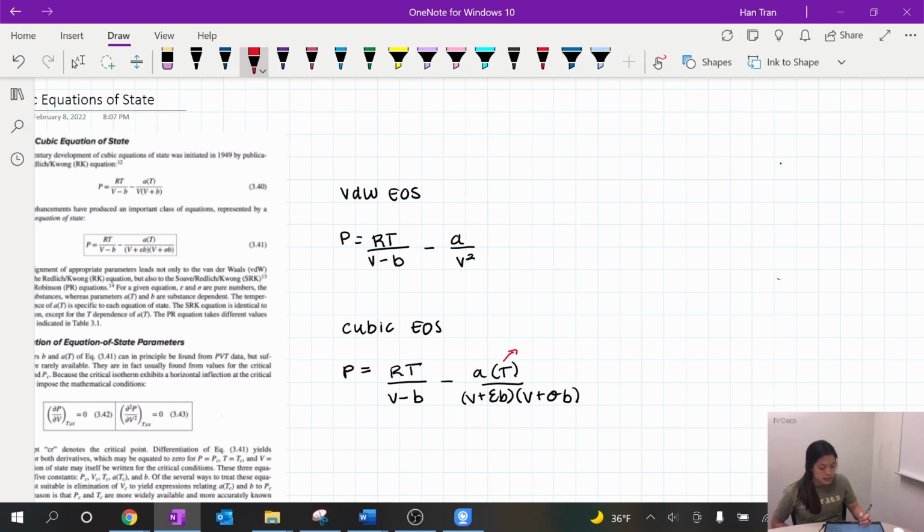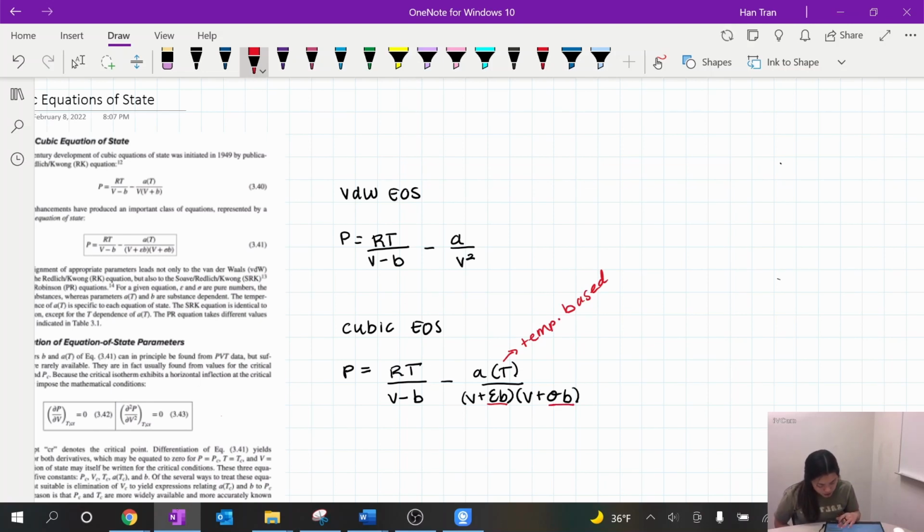It was experimentally found that the temperature affects the attraction parameter, and so they added in that it is temperature based, and then also the added values of epsilon and sigma B.